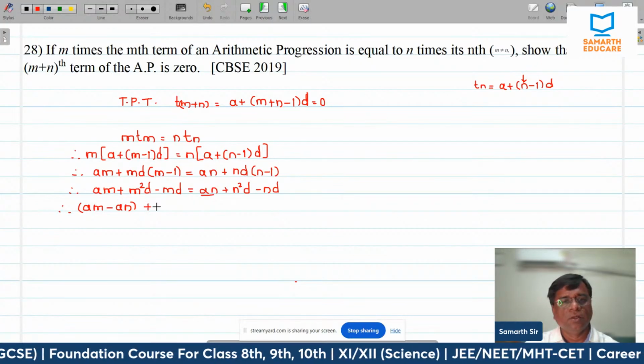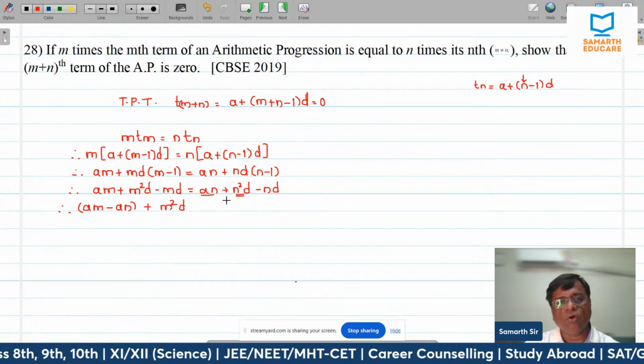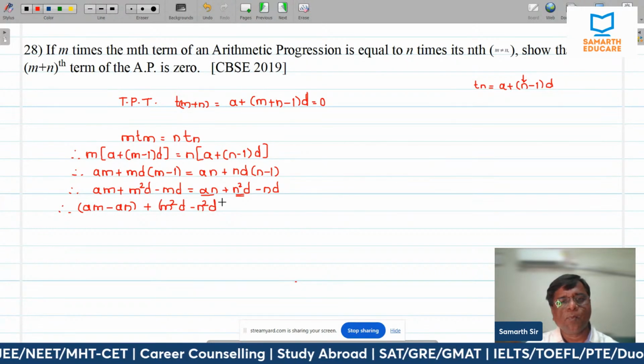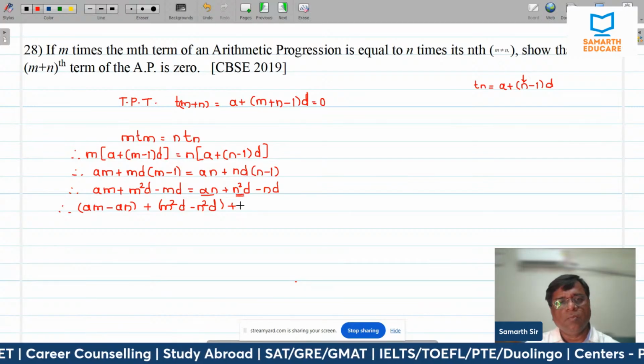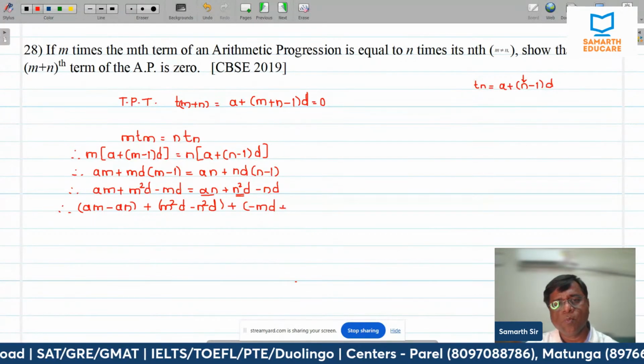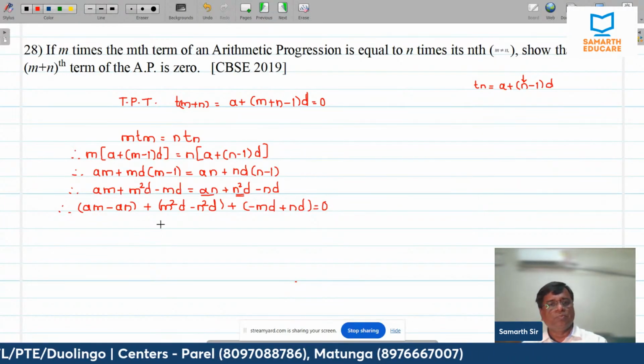Then I'll write m square d. Taking this to the left hand side, it becomes minus n square d. Then minus md plus nd. Everything on the left hand side is 0.